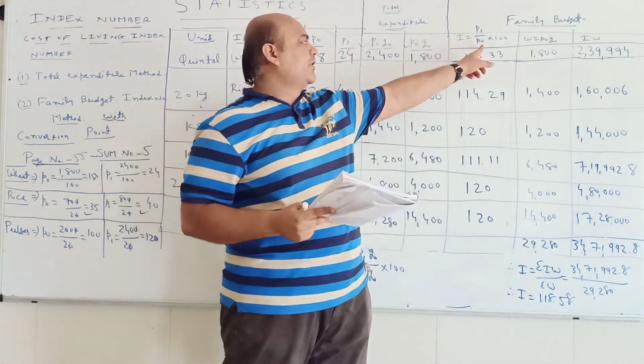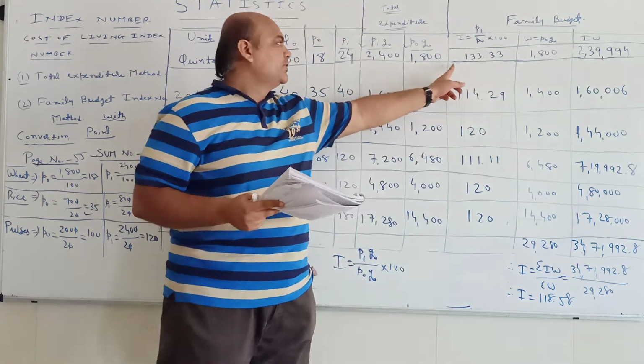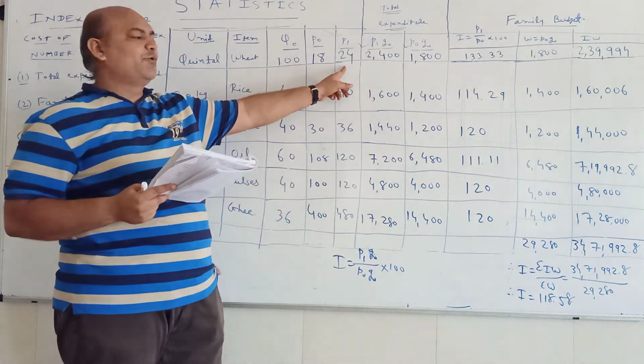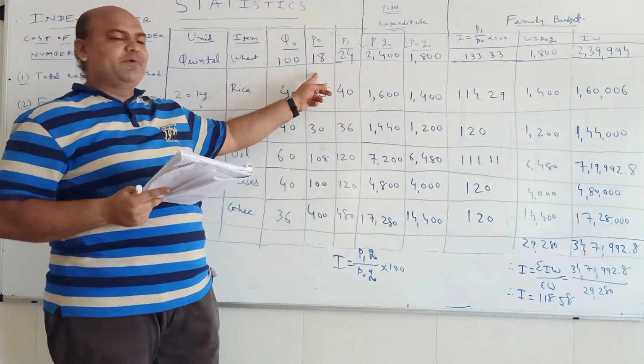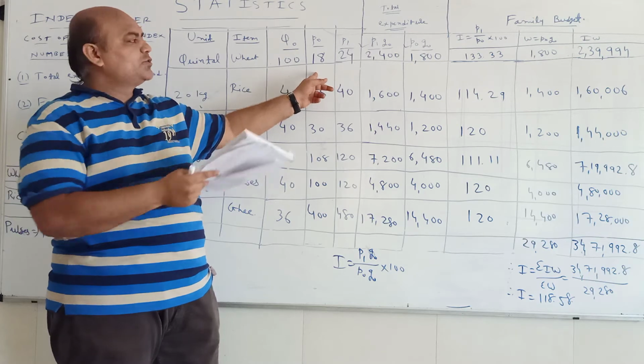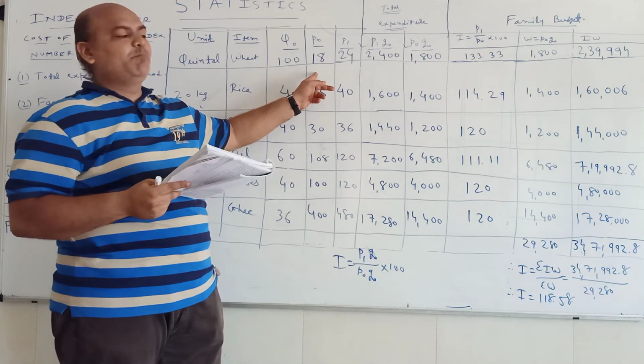Here it is P1 upon P0 into 100. So P1 is 24 divided by 18 into 100. So the answer comes 133.33.